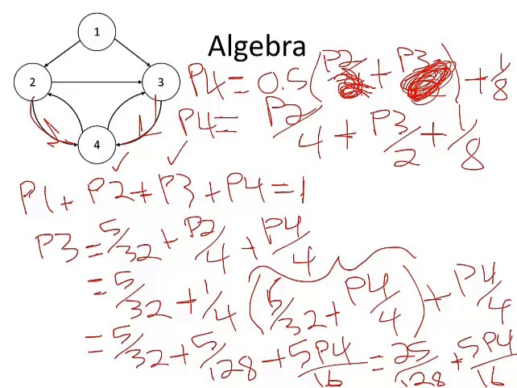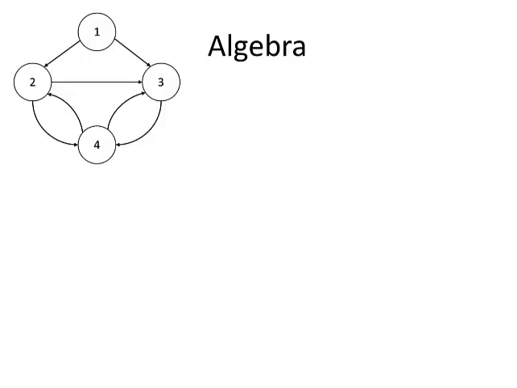Okay. So now we have P1 plus P2 plus P3 plus P4 has to be equal to 1. And we know P2 in terms of P4, again, just by that simple equation that we had before. And we just found P3 in terms of P4.